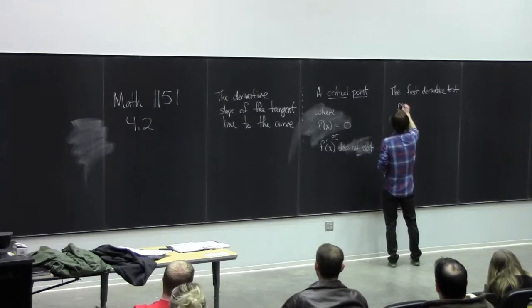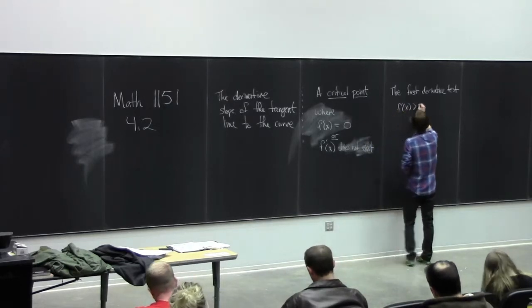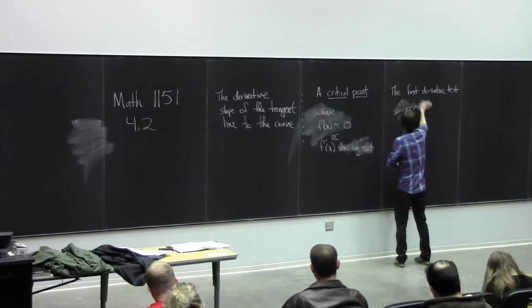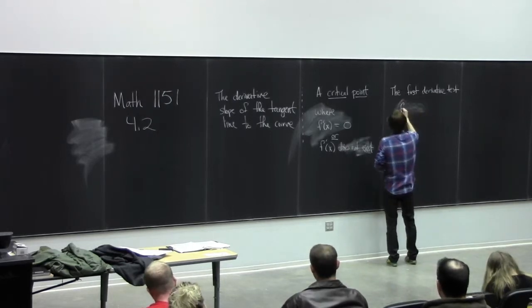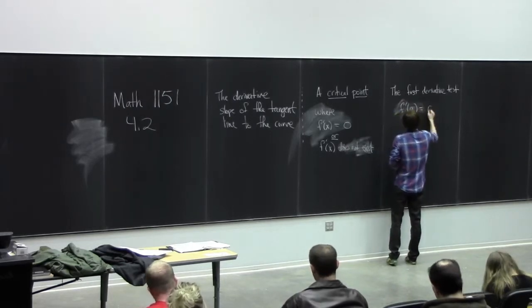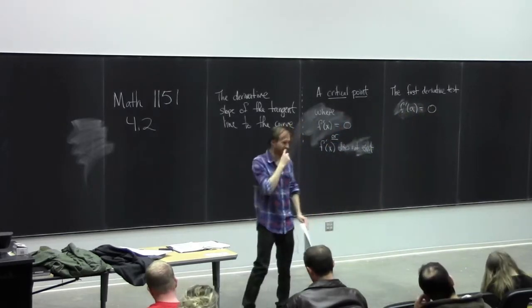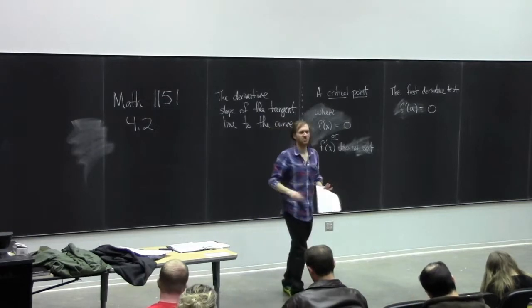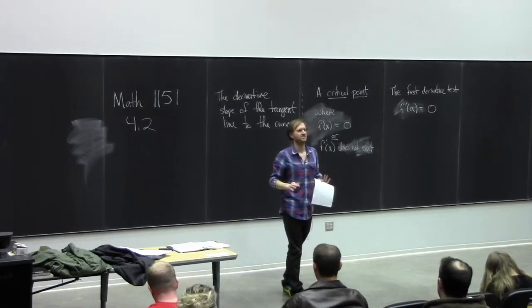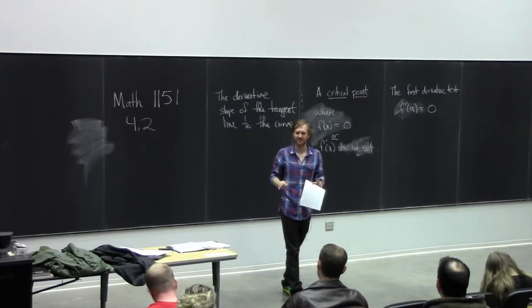So it says, if f prime of a equals 0, so x equals a is a critical point. Okay? And now the first derivative test is almost, I hate to disparage the subject, but it's like the stupidest test ever.